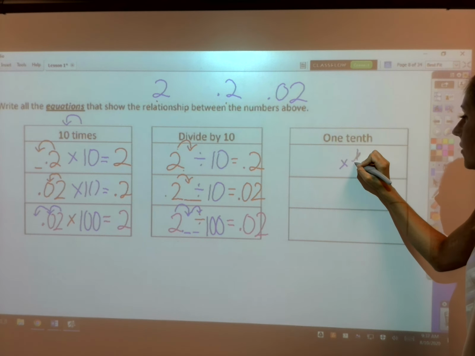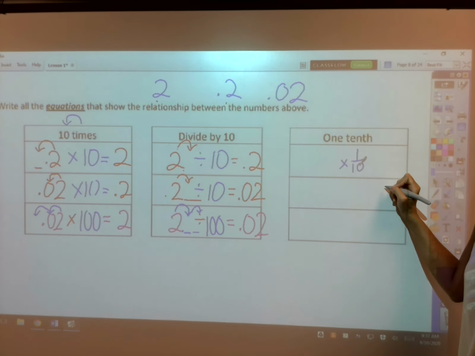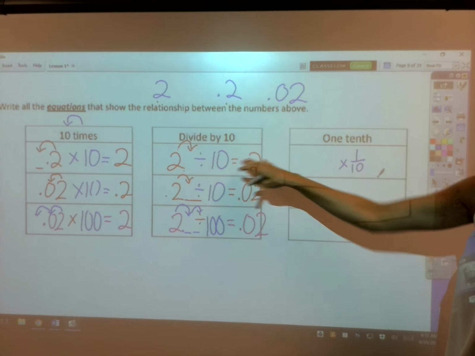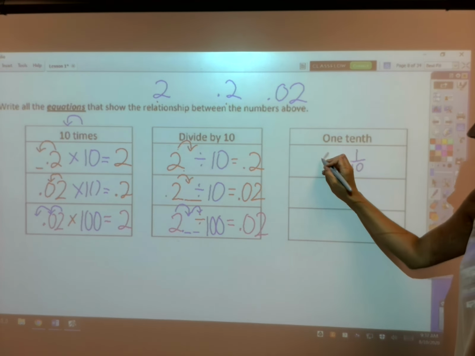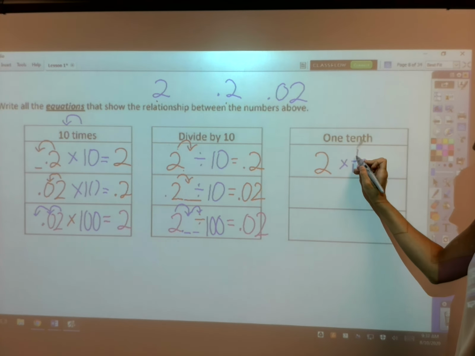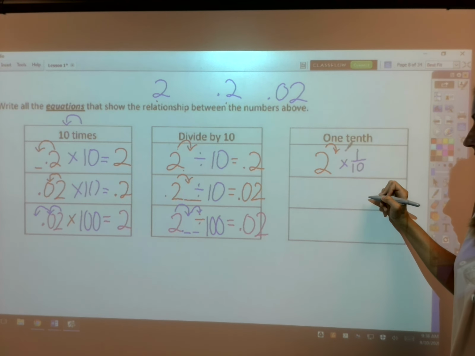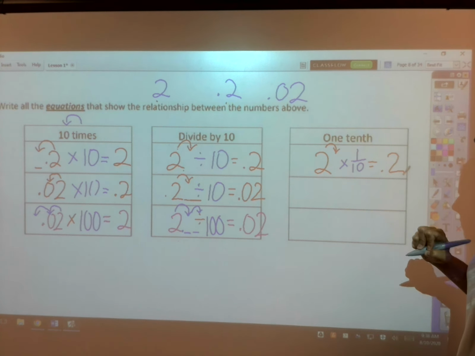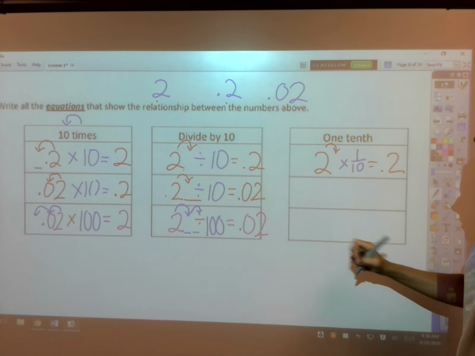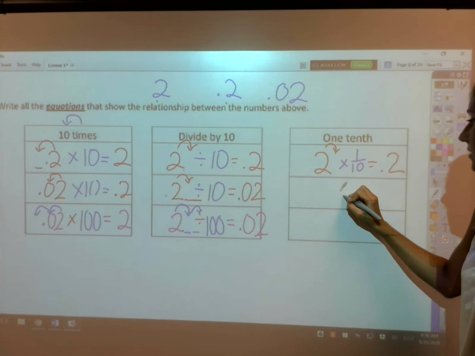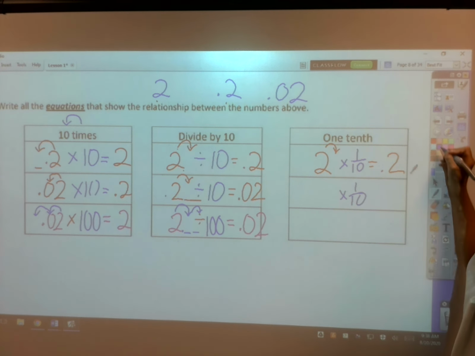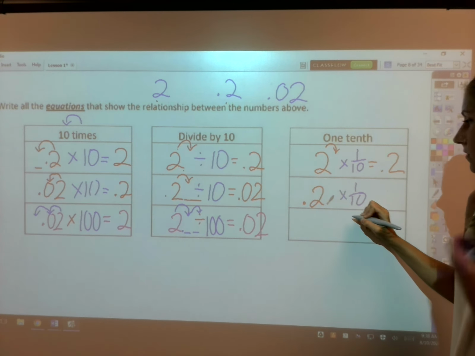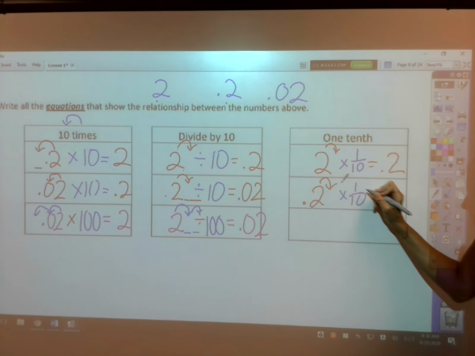So divide by 10 is the same thing as times 1/10. So we can kind of utilize what we've already talked about here, that if I had 2, it's going to move it back to the tenths place value, right? Same thing here. It's times the 10th. We used a 2/10, and it moved it back a place value.